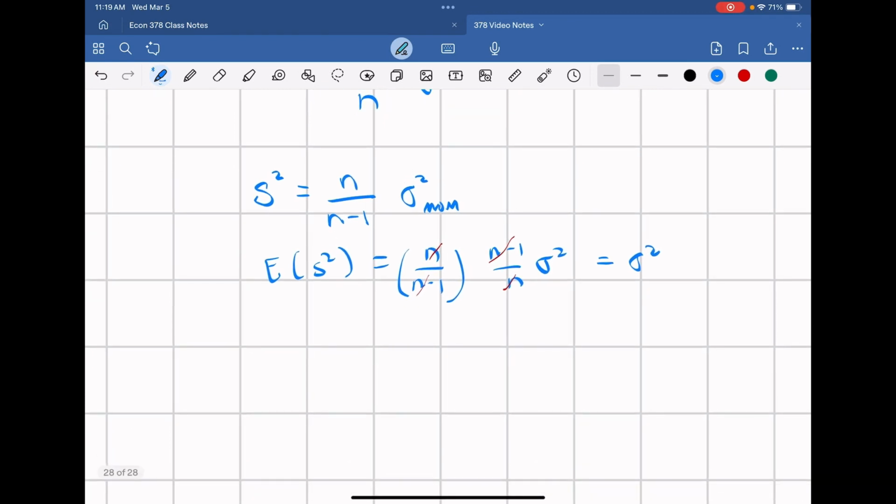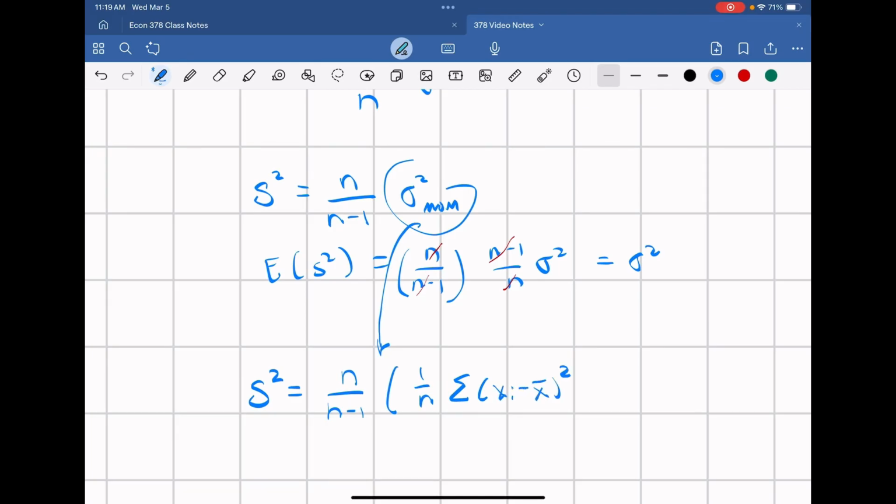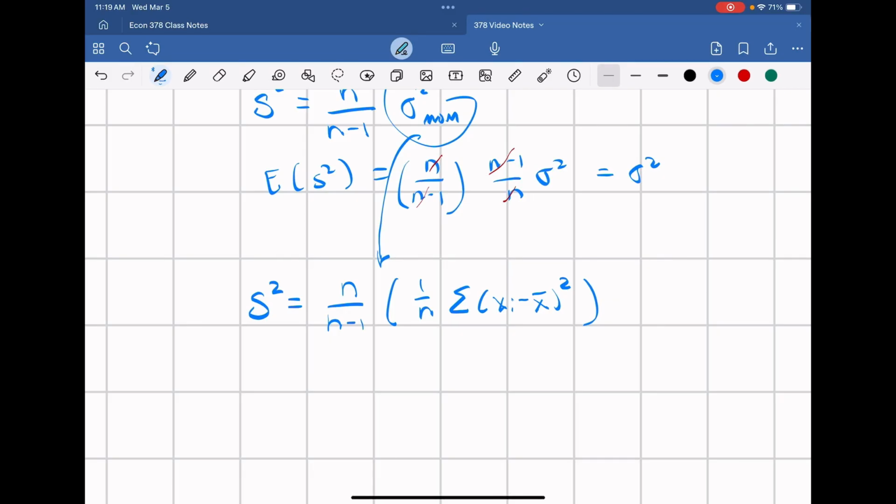So what's the actual estimator? Well, s squared is equal to n over n minus 1 sigma squared MoM, which is 1 over n summation of xi minus x bar squared. Notice that those n's cancel, and so s squared is equal to 1 over n minus 1 summation of xi minus x bar squared.